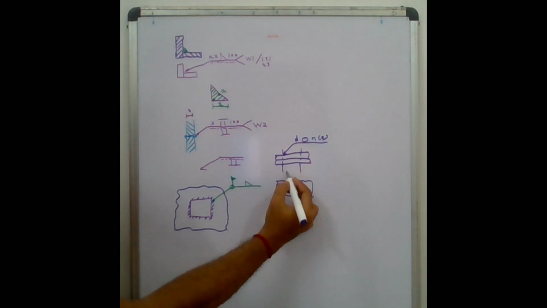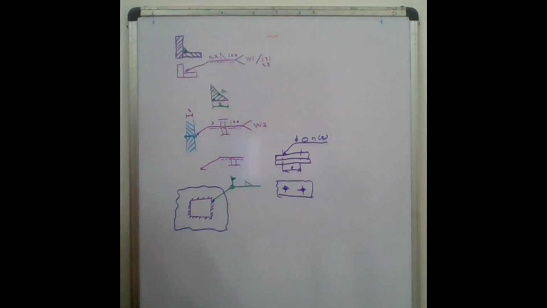Then E is the pitch distance, how far apart it is to be done. So this is the center to center or pitch distance, the spacing for the spot welding between the two spots.